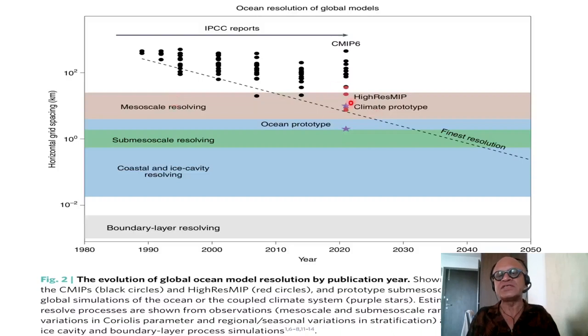Okay, so we can see that now in 2020 some of the HighResMIP and climate prototype models are getting into mesoscale resolution, and ocean prototype models as well. As we go into the future, we may begin to get into finer resolutions and begin to resolve sub-mesoscales and coastal ice cavity resolving models as well by 2050.